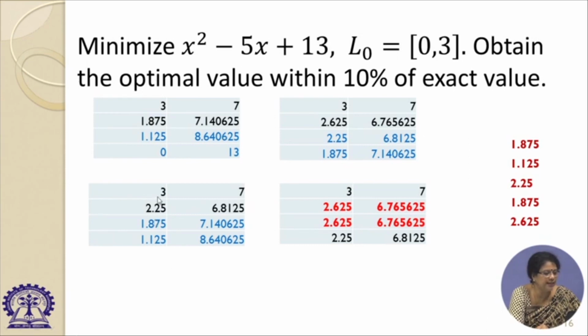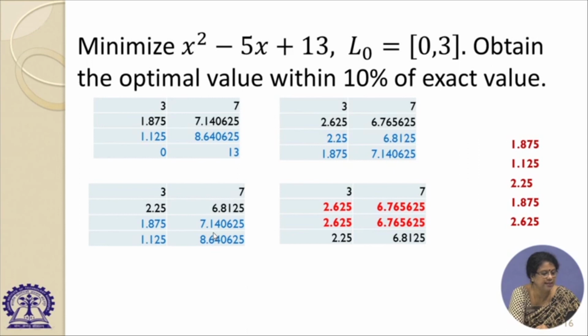We will again take the new interval of uncertainty as from 1.125 to 3. Again we will consider L3 star and 2 points L3 star distant apart. Just see the trend of the function. This is the second table, alright.